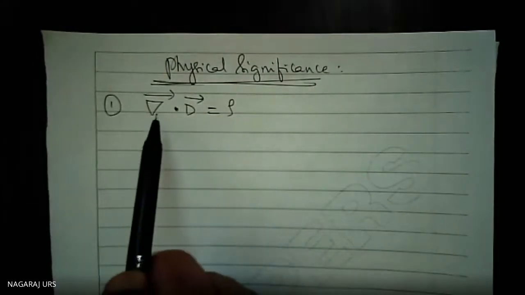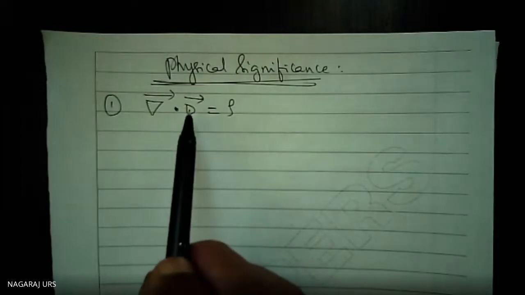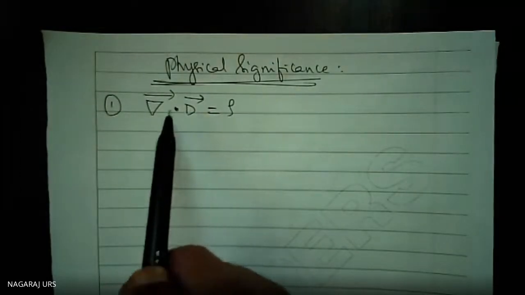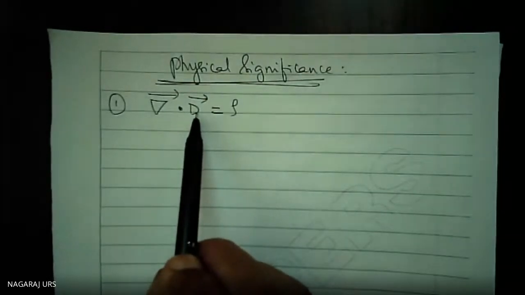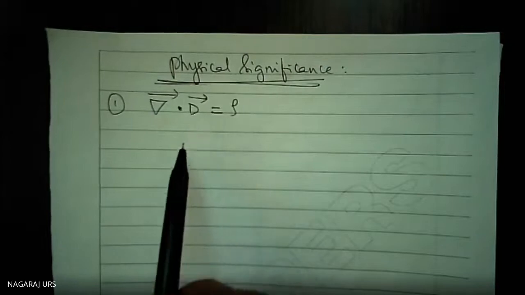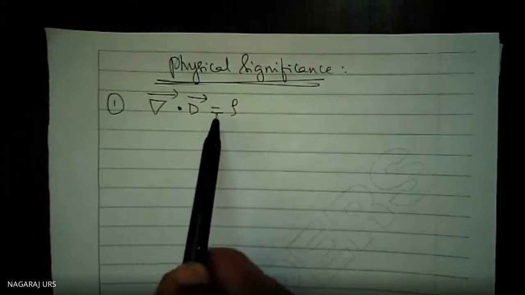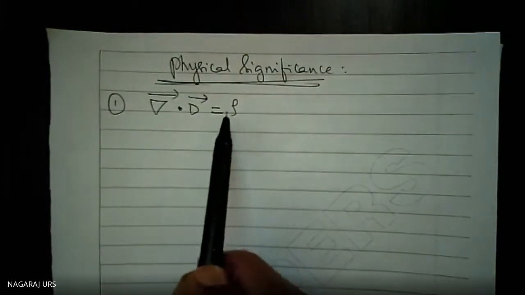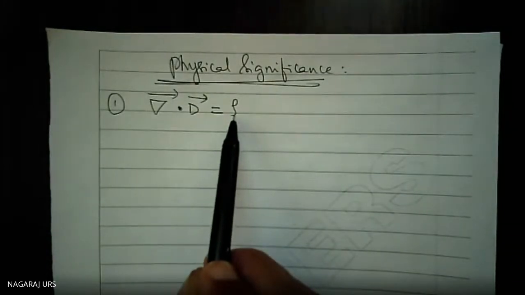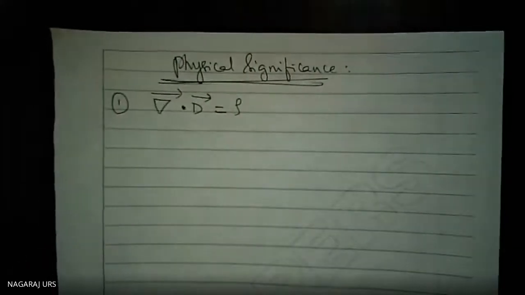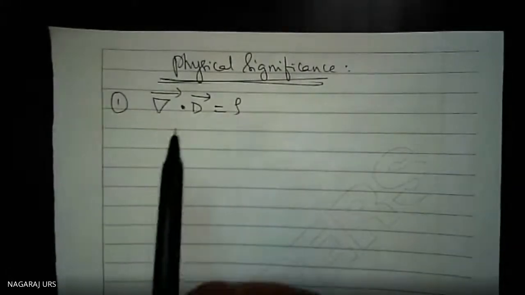Again, I can say that the net outward flux of the electric displacement vector, that is capital D, through a surface enclosing a particular volume is equal to the net charge contained within that volume.